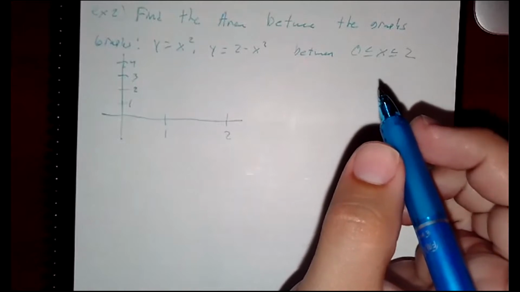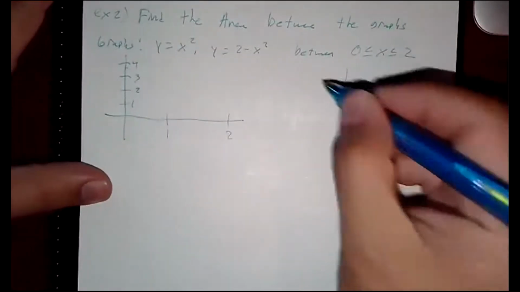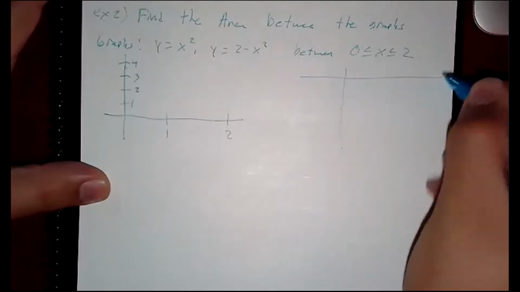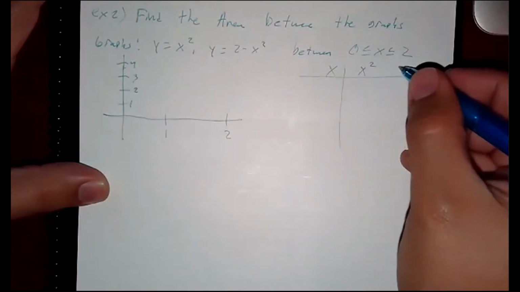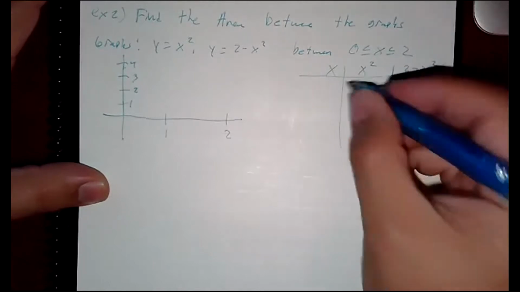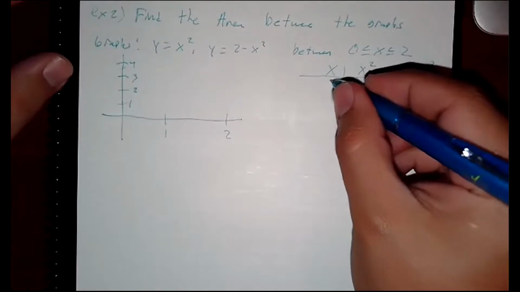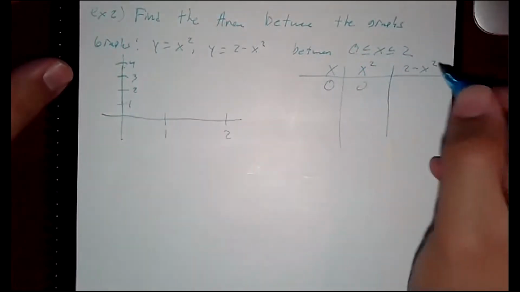Now the parabolas look like this. Let's go ahead and do what we did last time, I think that was helpful. Here's my x's, here's my parabola, and here's the other parabola. I choose 0 because that's the beginning point. This one is 0, and this one is 2.